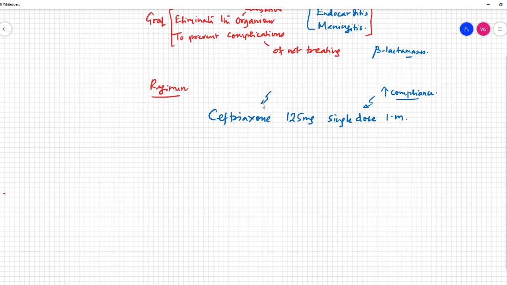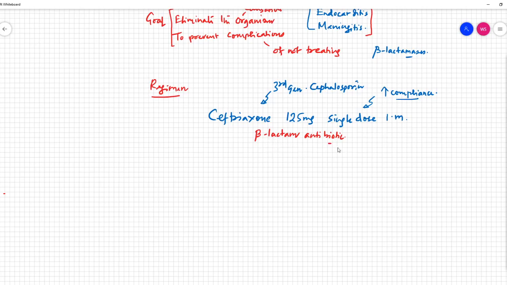It is a third generation cephalosporin. So this is the regimen. Now, this is again a beta lactam antibiotic.